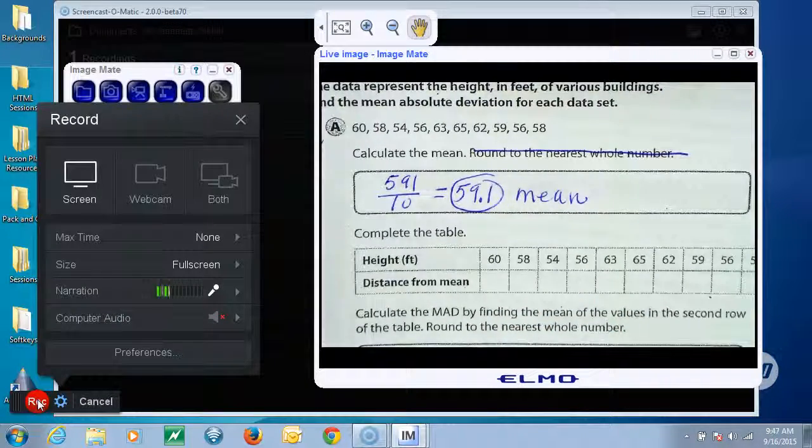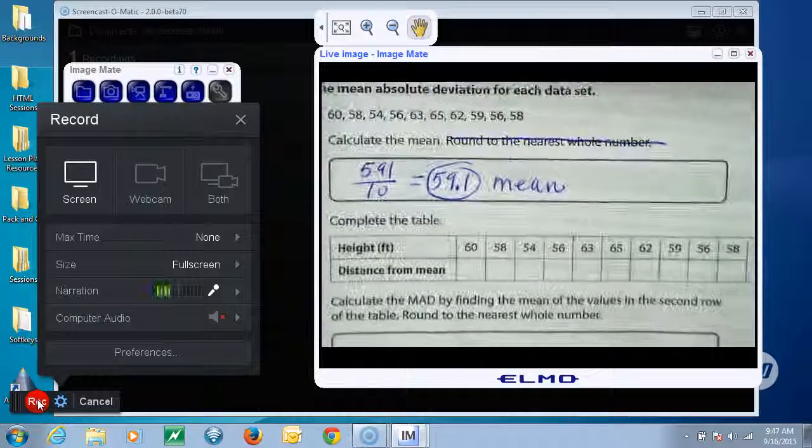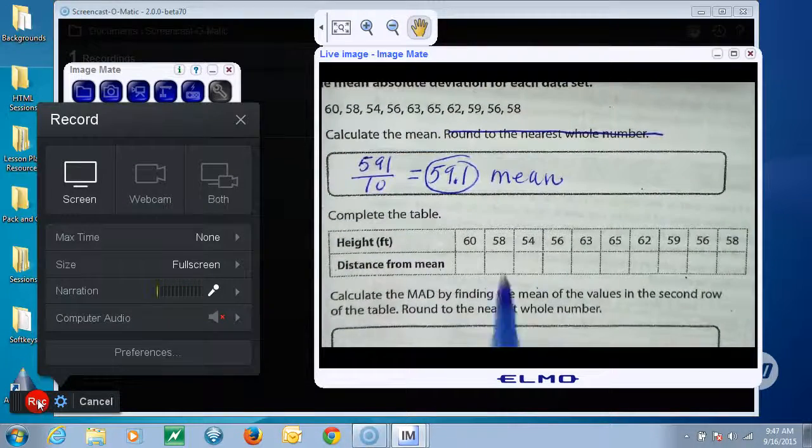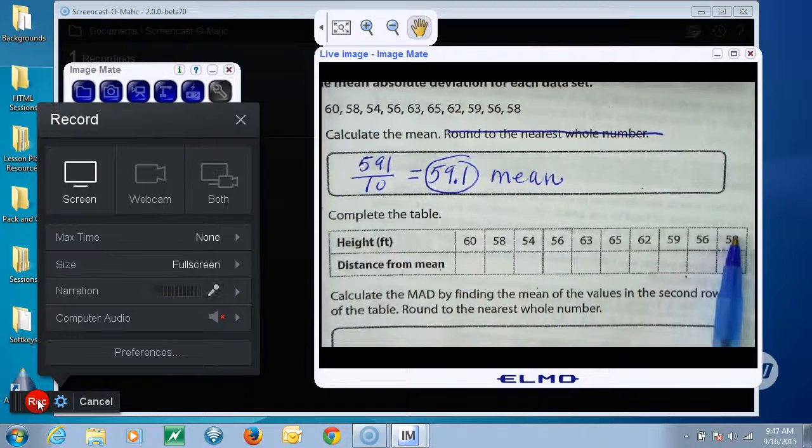Okay. The next step is to subtract. Look, guys, they gave you a place in your chart, little squares in your chart, to find the differences between the mean and each of these numbers that you just got the average of.